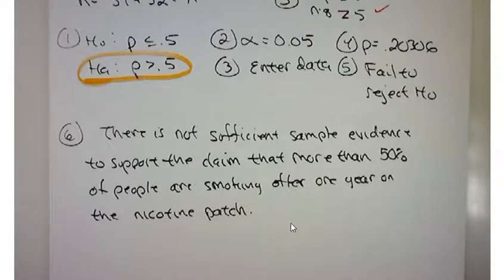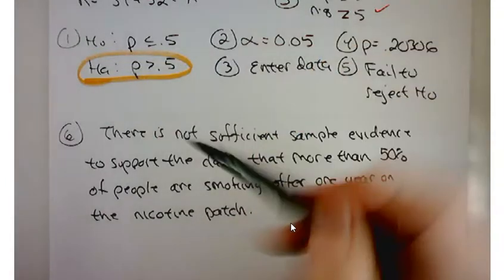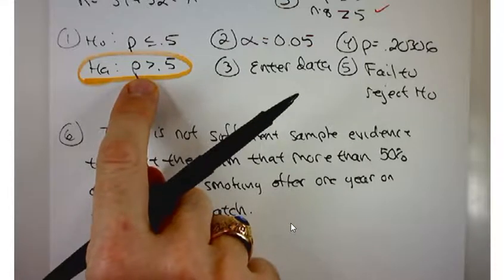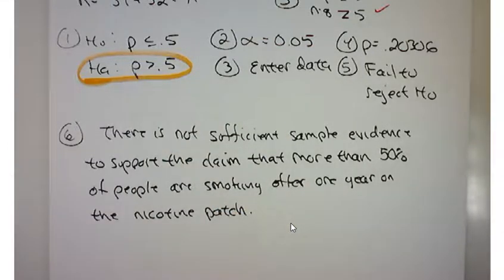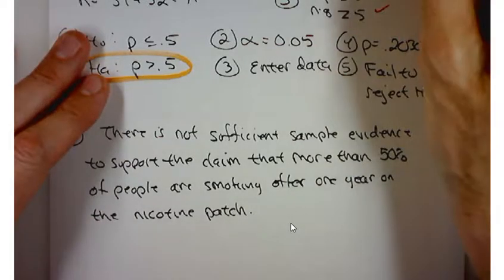Beautiful. But please make sure you say this in words. Don't use symbols. Don't use the greater than symbol. Don't use the less than or equal to symbol, etc. Make sure you state it in words. This is something that people should be able to read even if they don't have a stat background.